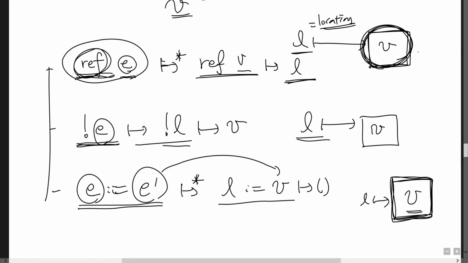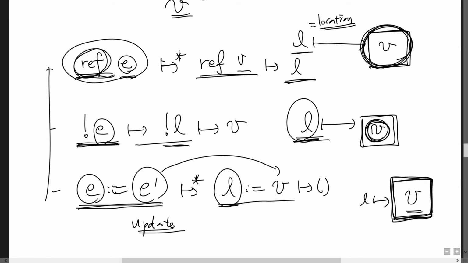And bang E, the dereference expression, is going to literally dereference this location L. It returns whatever value is stored in the memory cell associated with location L. And the assign expression is going to update the current contents of location L. If L is pointing to this heap cell, and we don't need this value anymore because we are going to update it, so if this is v0, then it's going to be erased, and we are going to write a new value v.